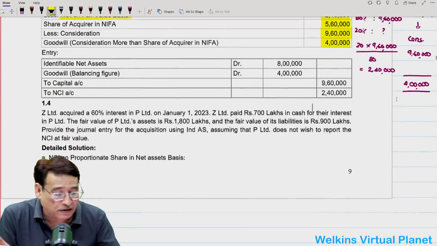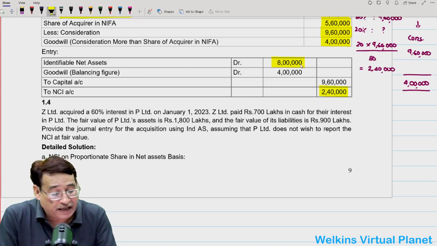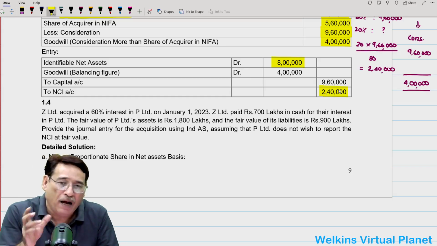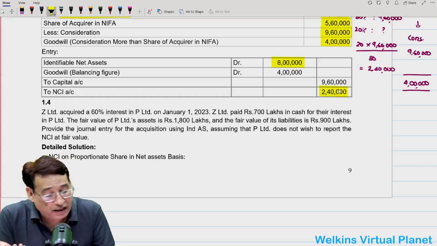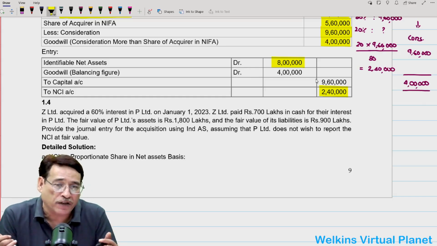Now in this case, suppose you are asked to pass the entry, net identifiable assets first of all you will write, then it is always better to write to NCI, because when I am writing to NCI, indirectly it means from 8 lakh I am subtracting the NCI share. So I am now basically reflecting the share of the parent. 8 lakh minus 2 lakh 40, that is 560. Then I will write to consideration. Here I will write to capital, because we are paying the consideration by way of capital. Otherwise you can write consideration also, no problem.